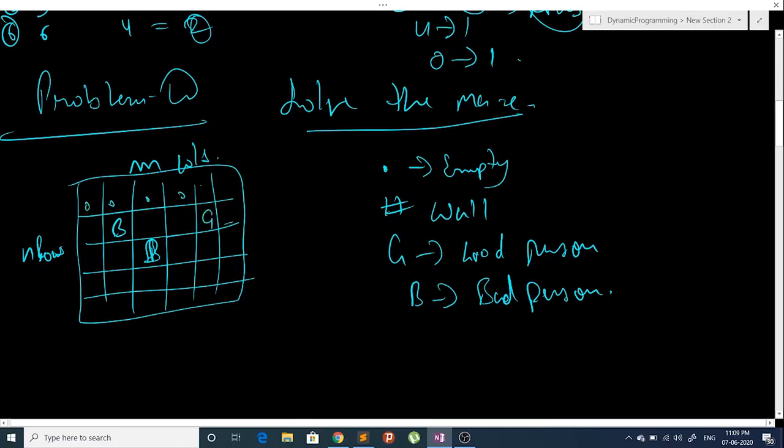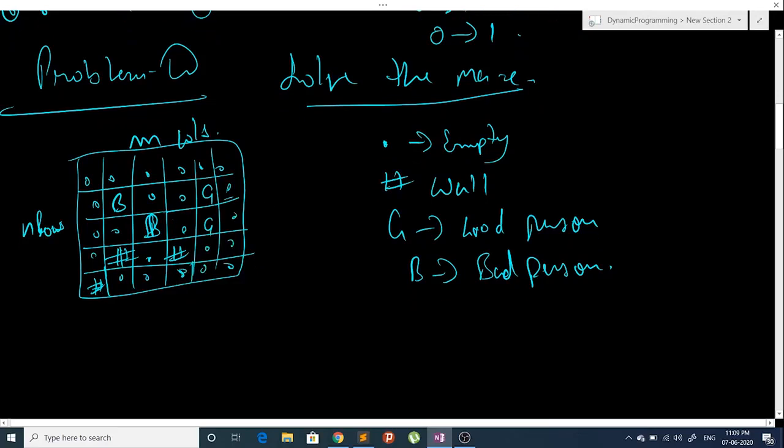Here I have a good person, here I have some hashtag, here I have a wall, here also I have a wall. This could be empty. So this can be one of the states that could be given in the problem. What we have to do was put some walls in the empty spaces such that all the good persons can reach the point (n, m), and all the bad persons can't reach there.